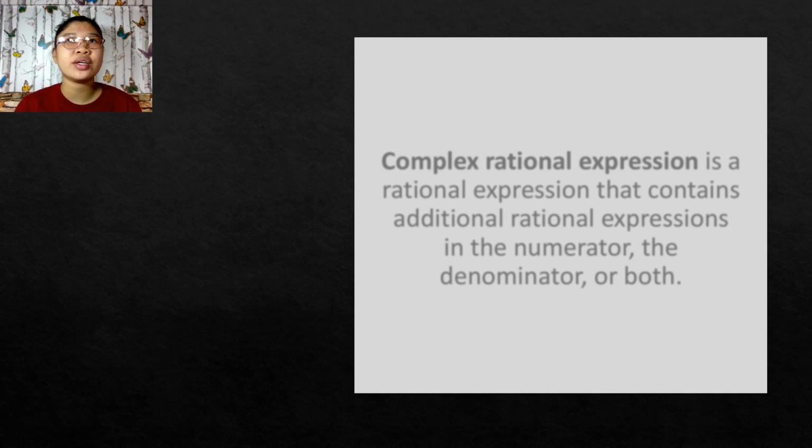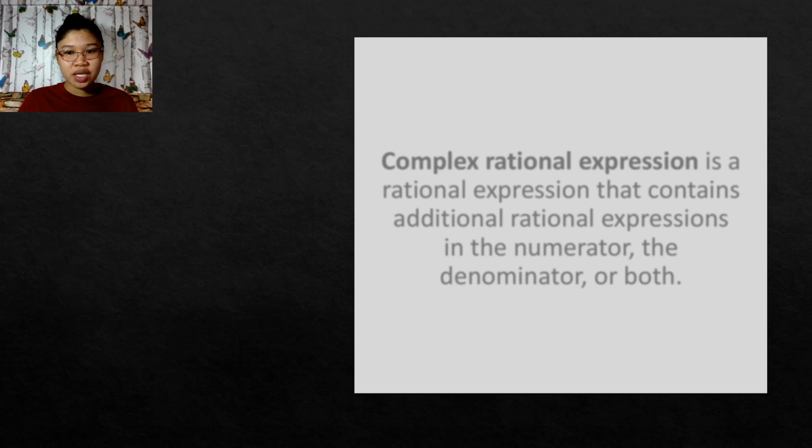The right term for LCD is the lowest common denominator. But me personally, I am used to saying LCD as least common multiple. So I will just be highlighting that LCD is a special case of LCM. However, the process is still the same in getting the least common multiple and the lowest common denominator.